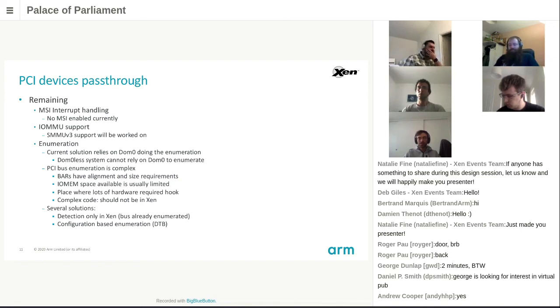Because from this, we could win the detection only part in Xen. That means if the firmware did the enumeration and the address assignment before, then we would have everything for this use case, right? And that would probably be a fairly good way of attempting to drive standards.